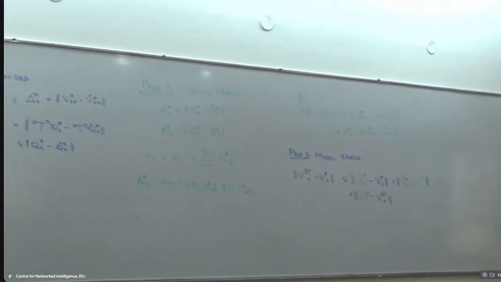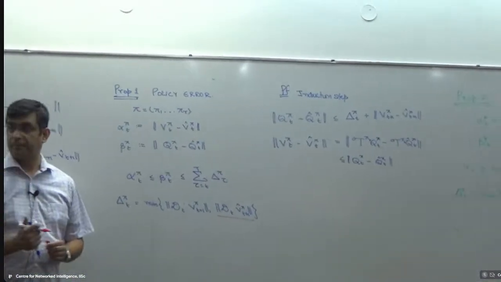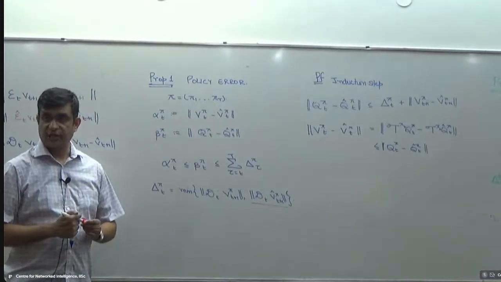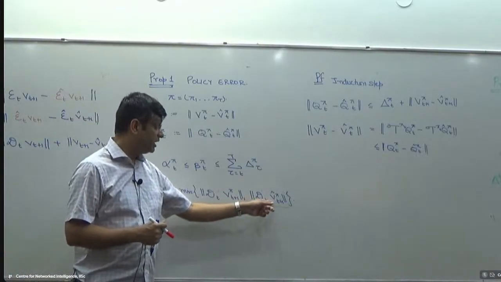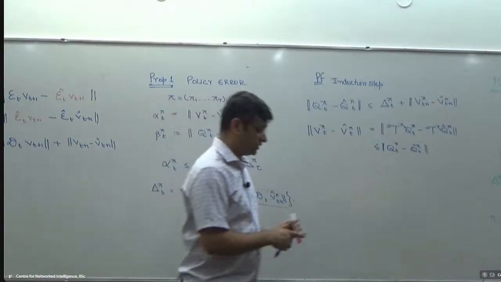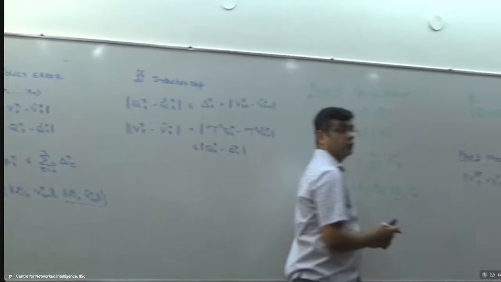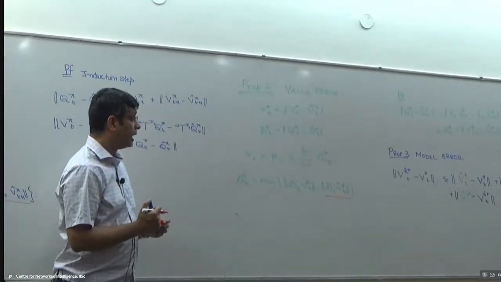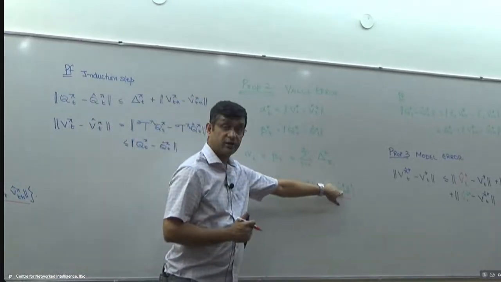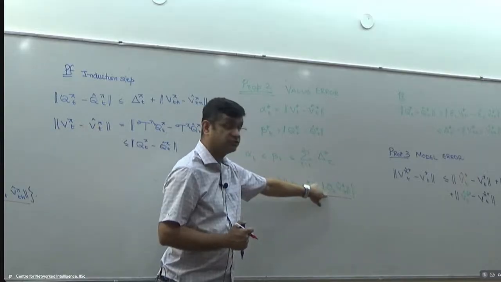second term here for v pi hat star. The second term for v pi hat star is equal to v hat star. And in this guy also, I am going to take this term, which is v hat star. Okay. So, if I take that instead of min, I just take this upper bound here.